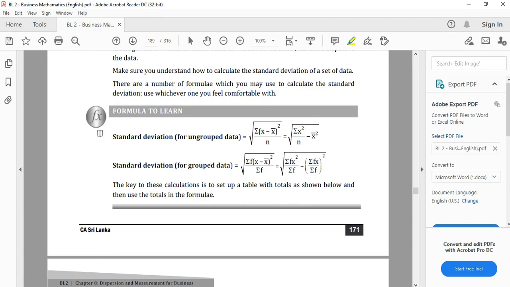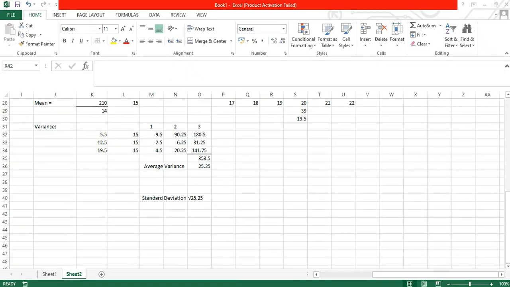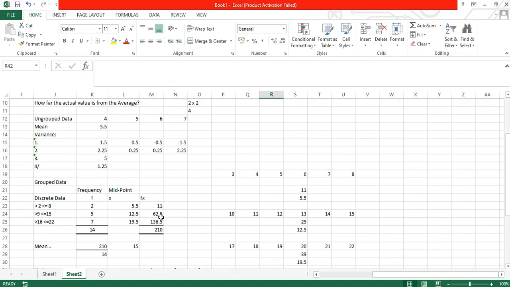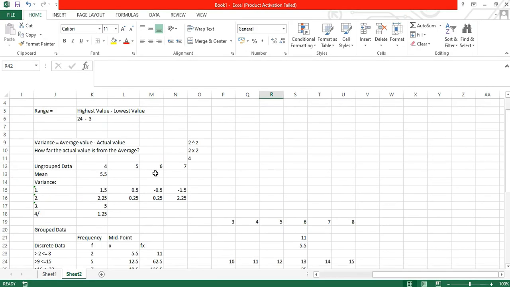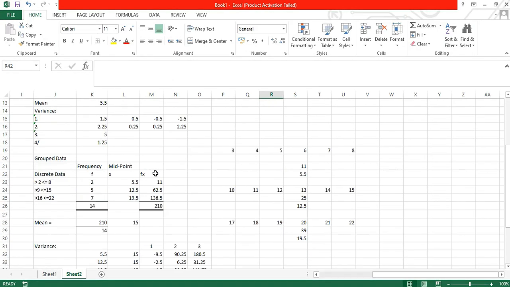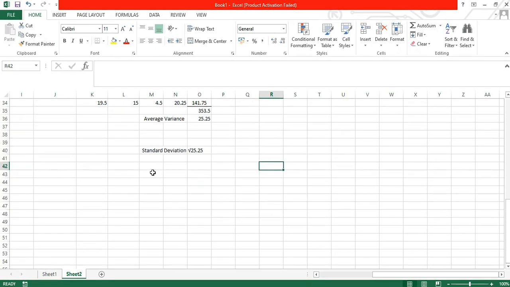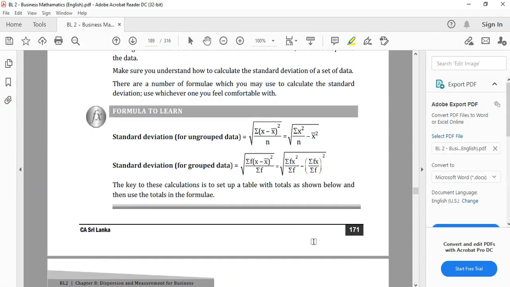So you must memorize this and know the meaning of each very well. You can follow the way I calculated the grouped data and ungrouped data variance, and same way you could follow to calculate the variance, and simply from your calculator take the square root of whatever the variance that comes for a grouped or ungrouped data.